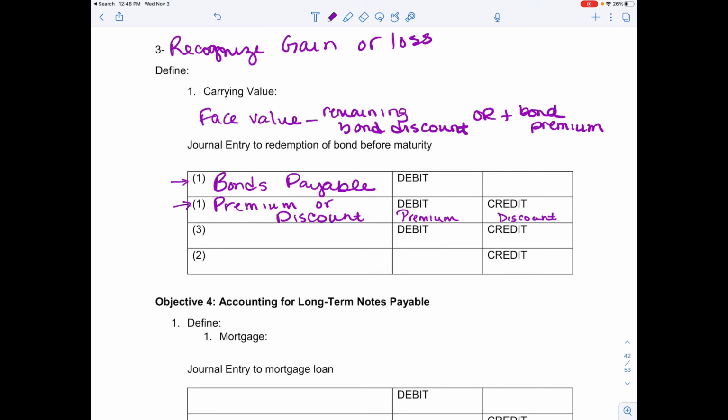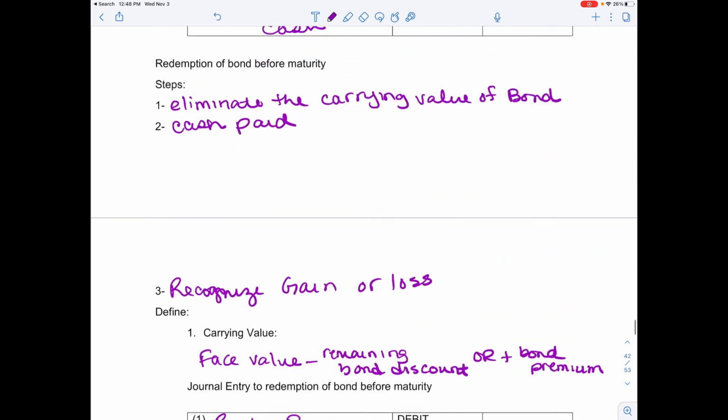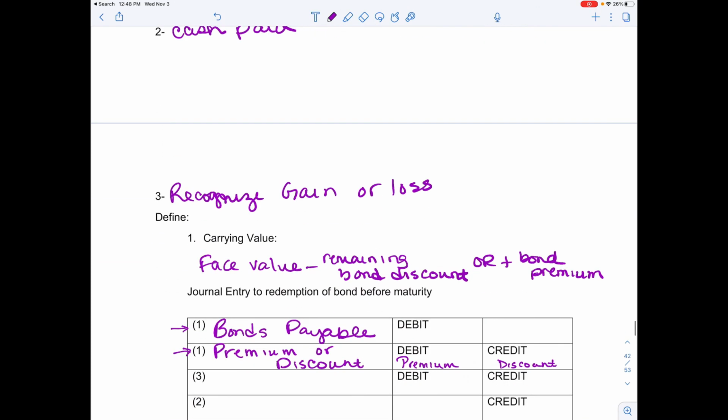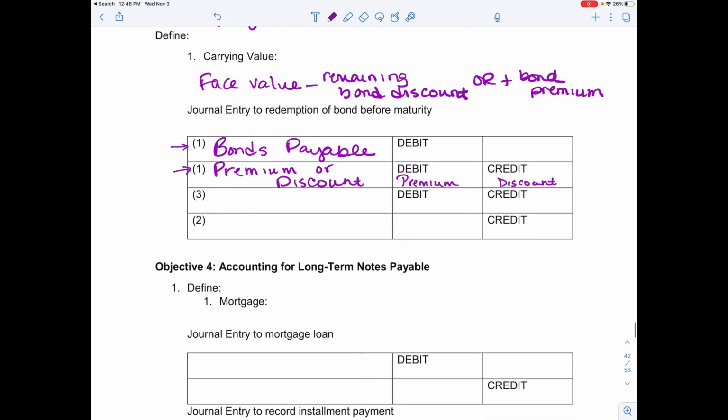Then we're going to record in step 2, which is record the cash that's paid. So I'm going to credit my cash, and the difference is going to be a loss.